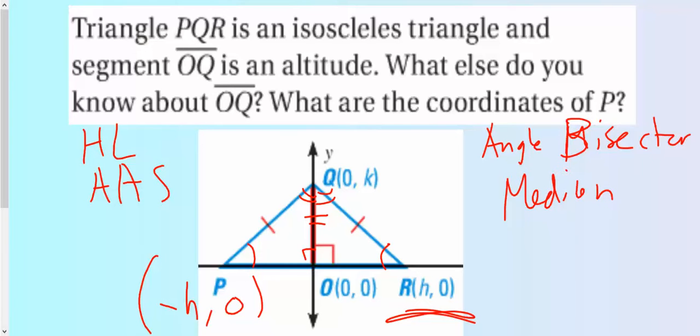It has to be a perpendicular bisector because we know that these two parts are also equal, and we know that it's perpendicular because it's an altitude, so it's got to be a perpendicular bisector. And I think that's all three of them. You just have a lot of stuff happening with this. So there you go. If it's an altitude for an isosceles triangle, it's also the angle bisector, it's also the median, it's also the perpendicular bisector.